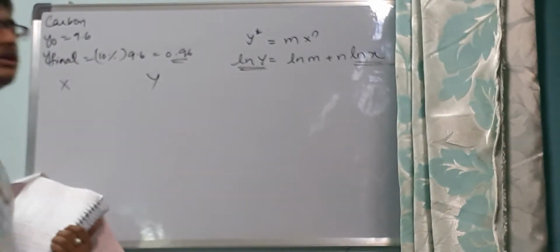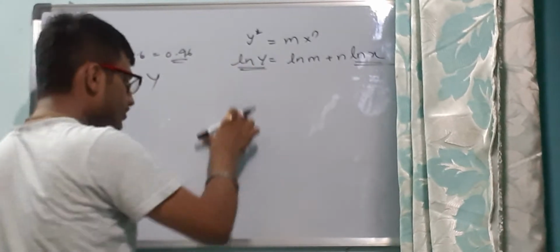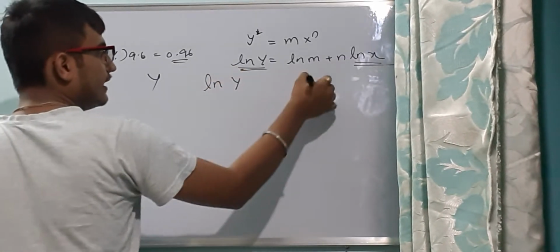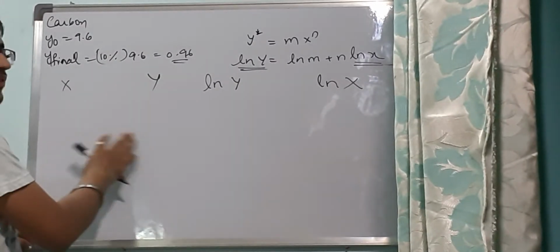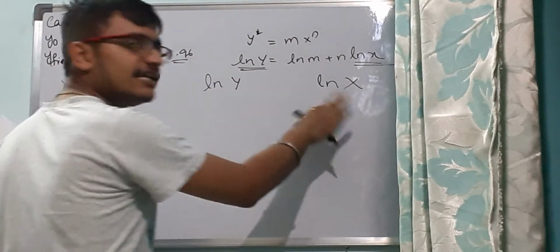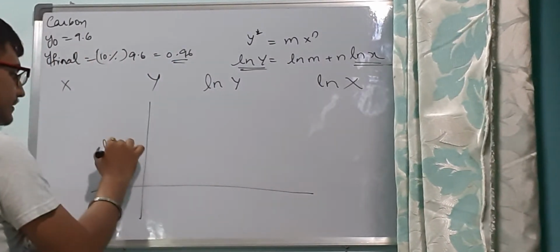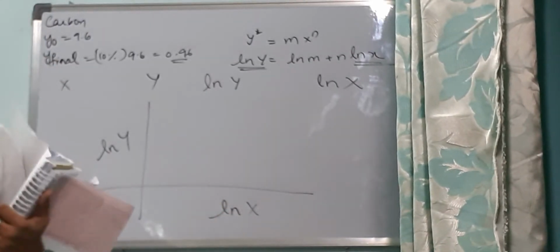Once you have got x and y values, calculate ln x and ln y. After calculating ln x and ln y, plot a graph of ln y versus ln x values.